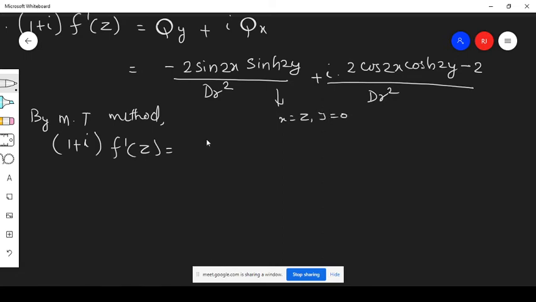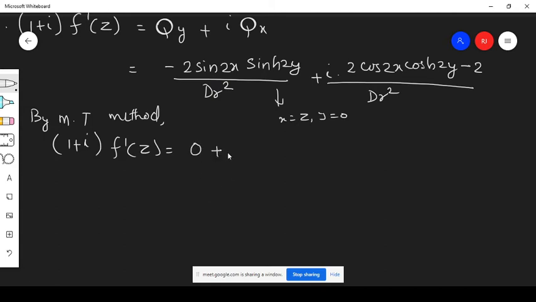So minus 2 sin 2z sinh 2y will come. Sinh 2y means sinh 0, and sinh 0 is 0. I hope you remember semester 1 complex numbers, it was there. So 2 sin 2z into sinh 0 will come, that value is 0. So the first term completely becomes 0.